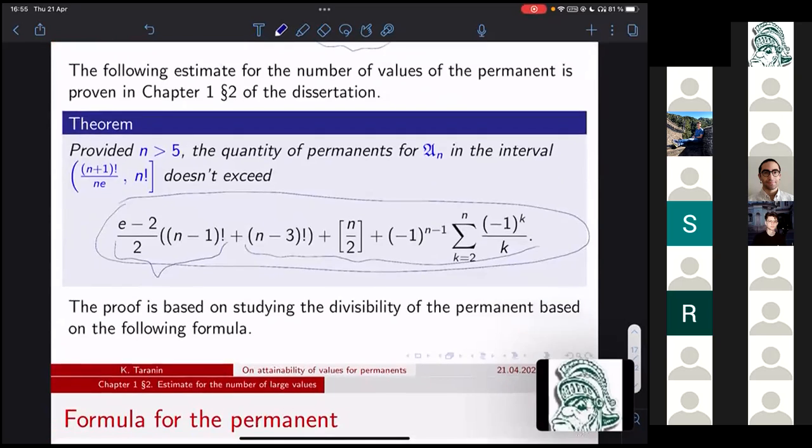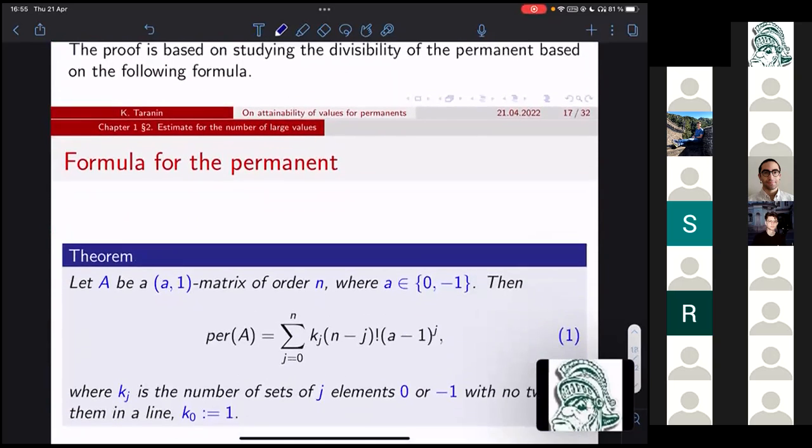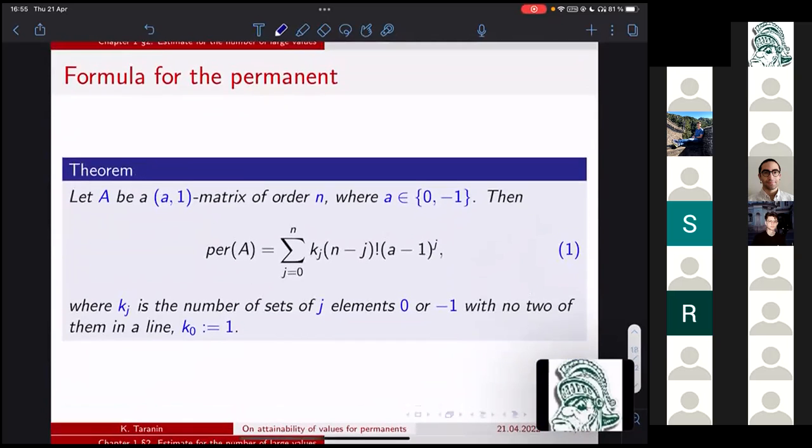Okay, so the proof of this result is based on the following formula. It expresses the permanent through the number of sets of j zeros or minus unities, depending on which kind of matrix we consider, either 0-1 matrix or -1-1 matrix.